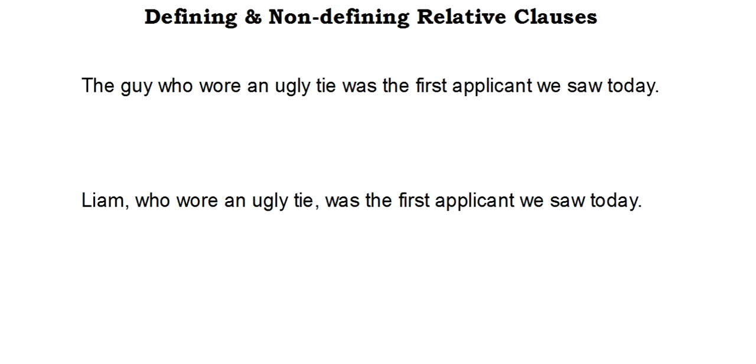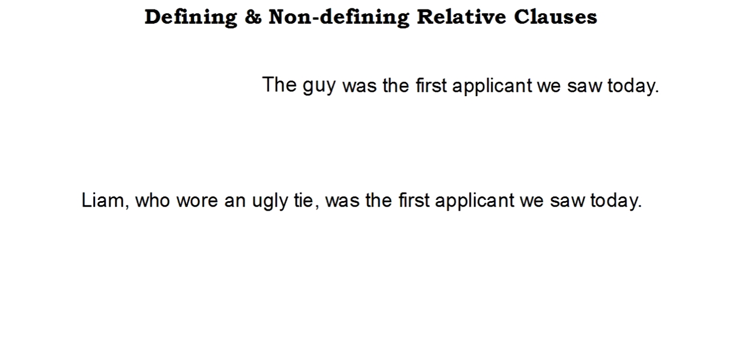Now, they both have relative clauses. They're both about the exact same person, but there is a slight difference in how they work. So, first of all, let's identify the relative clause in the first one, who wore an ugly tie. If I remove this, my relative clause, let's just take it out entirely. Look at the sentence I have here. Grammatically, it's okay.